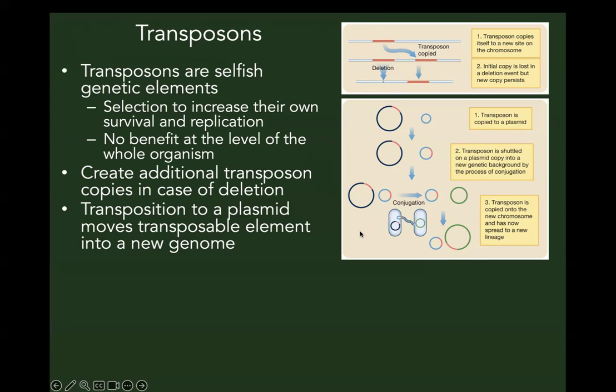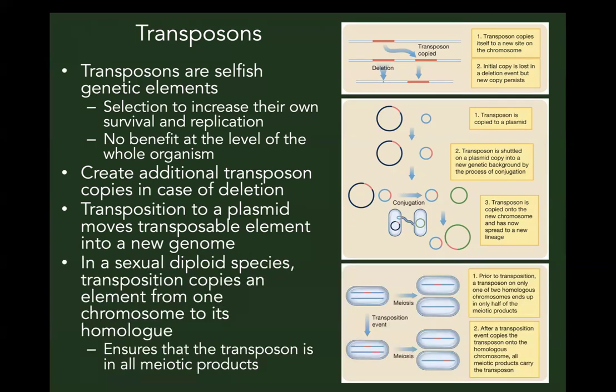So the transposon could end up in a plasmid, and then that could end up, through conjugation, in a completely new chromosome. If you have something diploid, like us, then transposition can copy an element from one chromosome to its homologue. Remember that we're diploid, and we will put one of our two chromosomes in each of our sperm or eggs, right?